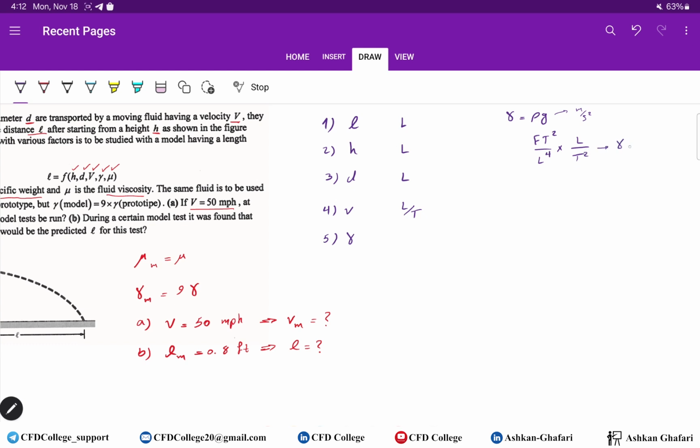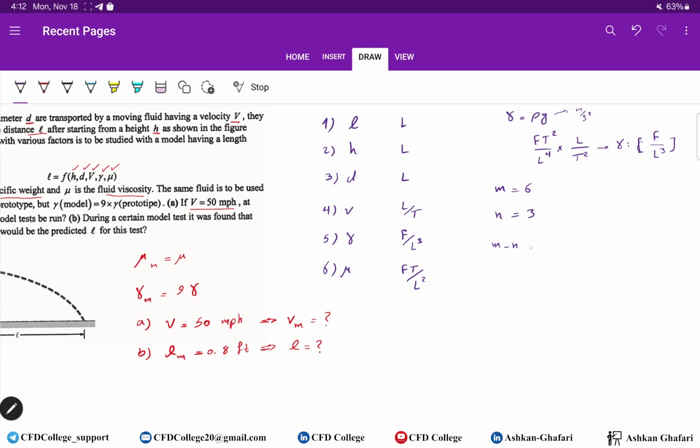So gamma has the unit of F over L to the power 3. And the last one, mu, viscosity, F T over L square. So we have 6 quantities, M is 6, and N is F, L, and T, 3.